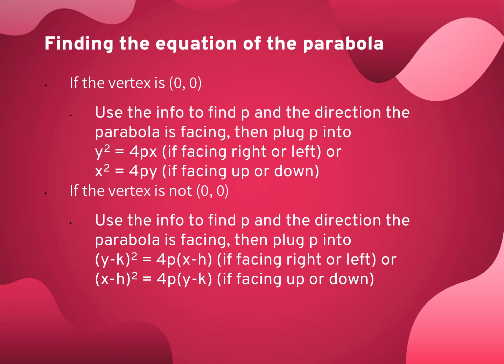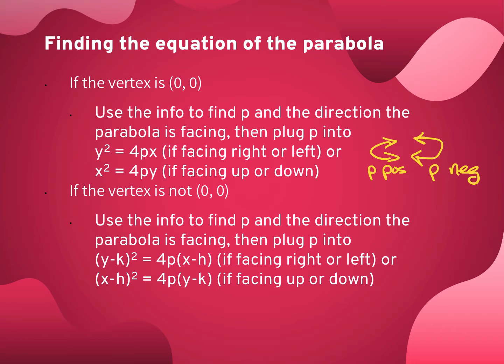So remember, when your parabola is facing either right or left, and what I mean by right or left, I mean either looks like the C or the backward C. So the backward C is facing right, forward C is facing left. This is when your p-value is positive. This is when your p-value is negative.